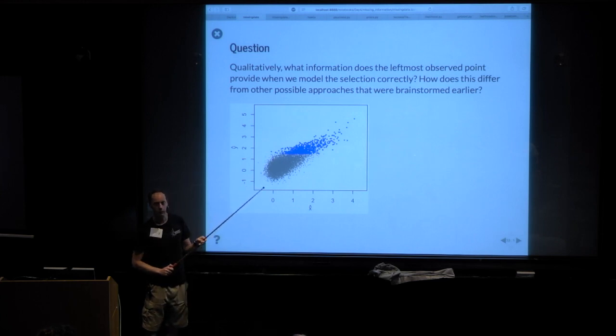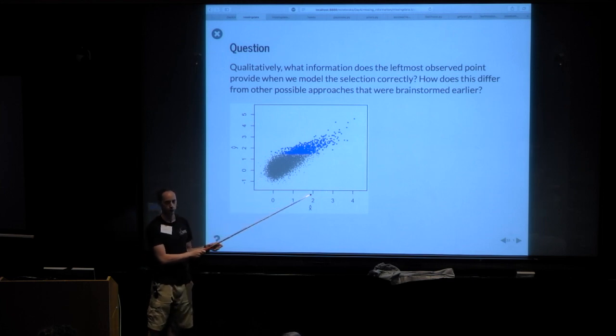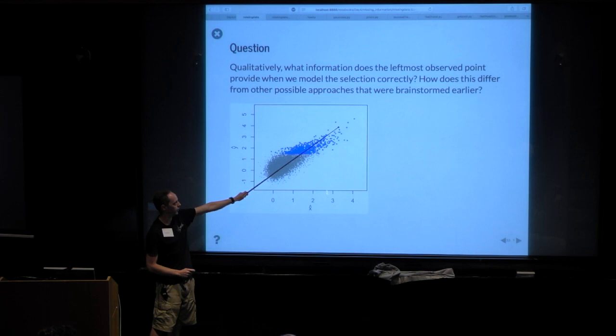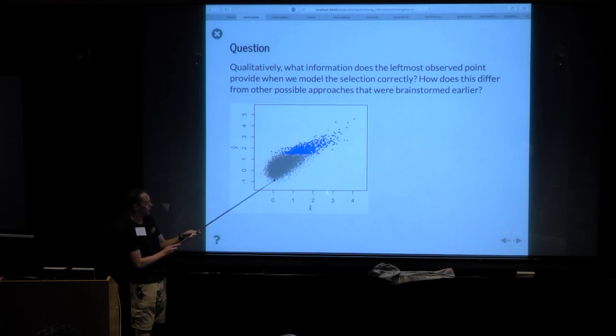But if our model also includes roughly the shape of the distribution as a function of X and the total number, then we would know, for example, let's say we're looking at something near the true model, the average value of Y for these things is way down here, but there's 10 to the 4 of them.